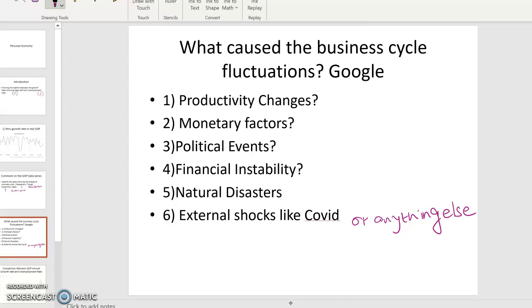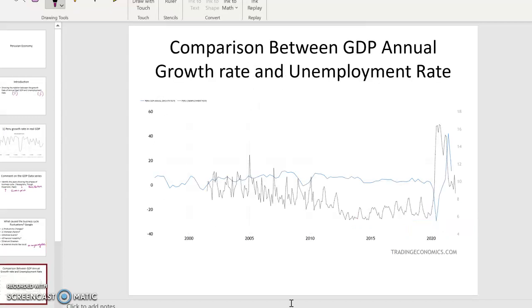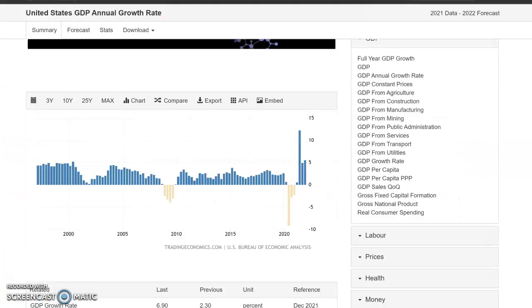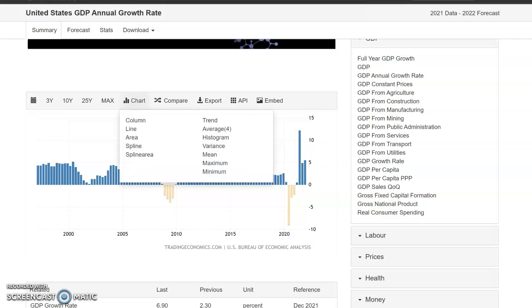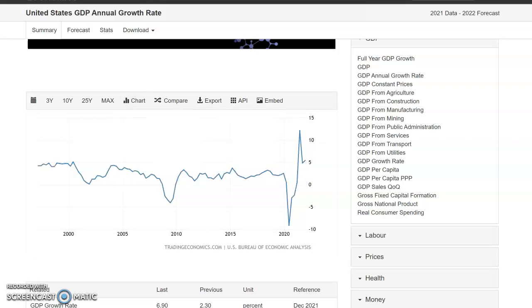After you explain the GDP data series, I'm going to do a comparison between the GDP annual growth rate and the unemployment rate. Let me go to this website again. The easiest way to look at this comparison is, instead of looking at this data in column form, I will look at it in line form.